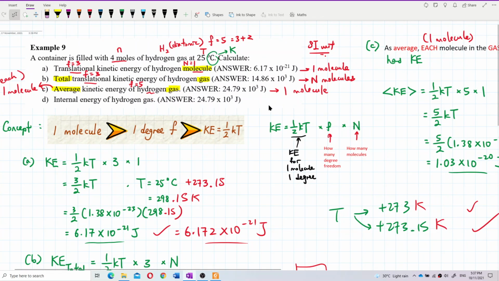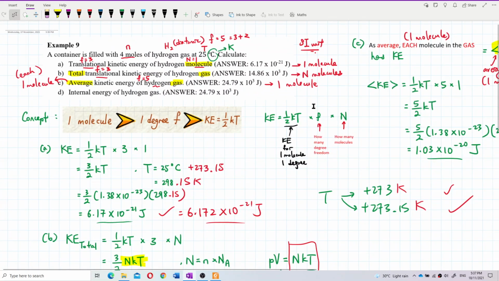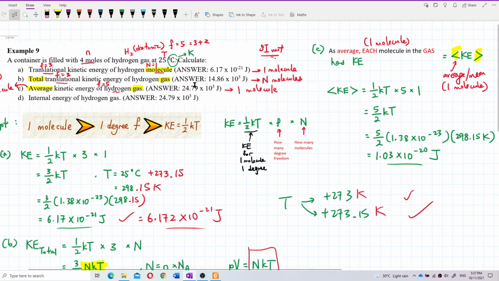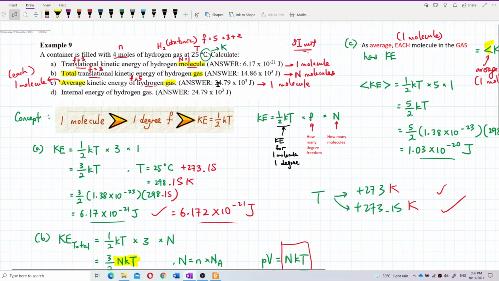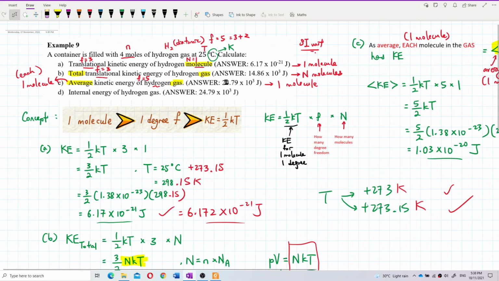The answer given here is wrong. It should be for one molecule, because this is only one molecule. The answer given is for all molecules. The word average here always refers to one molecule, so the answer should be my answer.